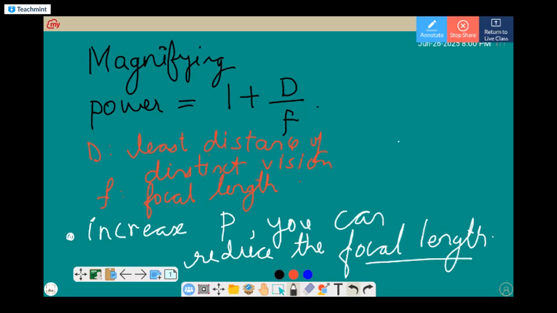Let's quickly write the uses of microscope. Uses of simple microscope, which is called the magnifying glass.